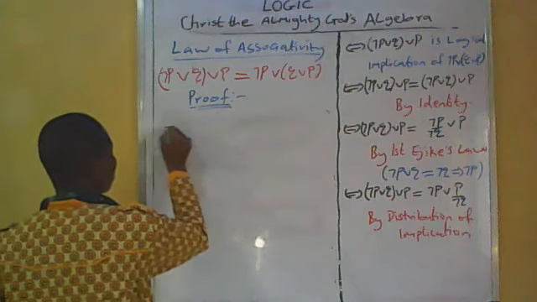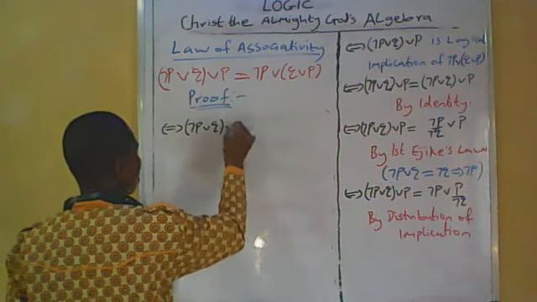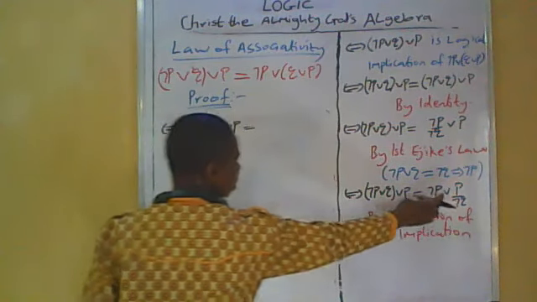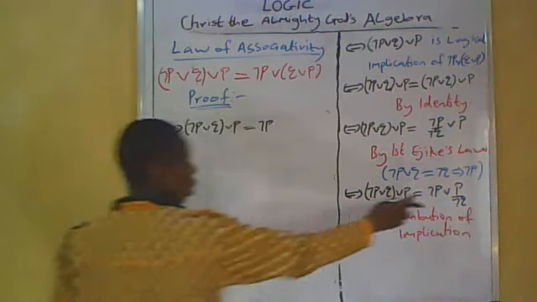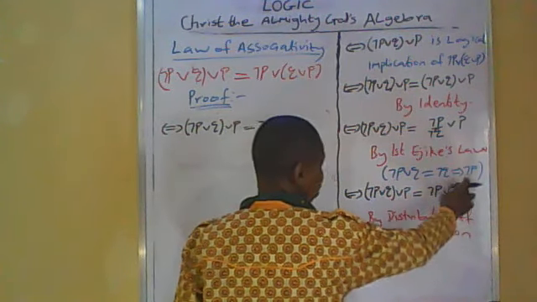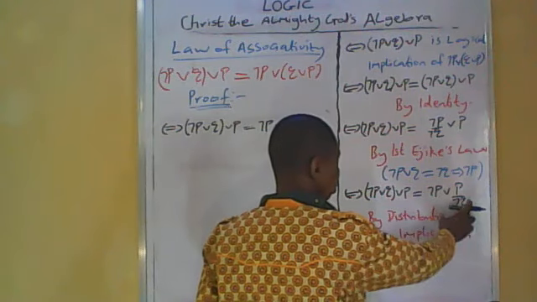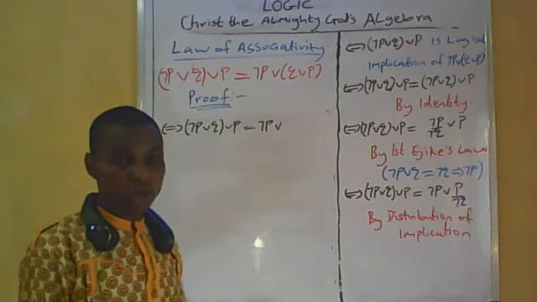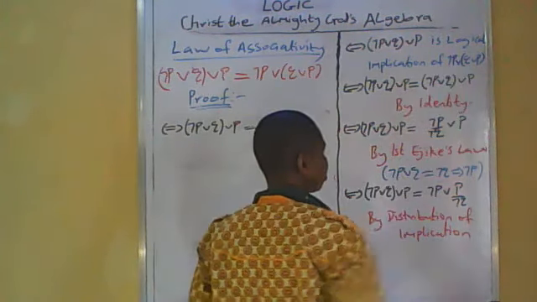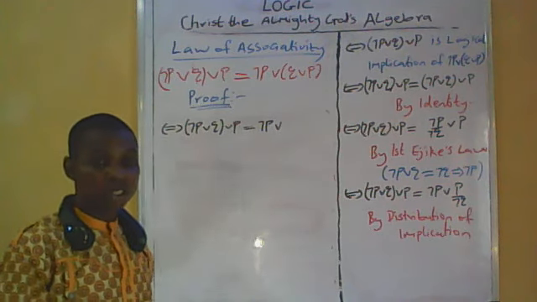Say, if and only if (not P or Q) or P is equal to, this not P, you write it down, or you write or, then convert this statement not Q implies P. That means P upon not Q, you convert it to disjunctive statement, because this implication not Q is being generated from the disjunctive statement, that is to say, not P or Q. It is a disjunctive statement, so when you want to convert it back, it will also be a disjunctive statement.